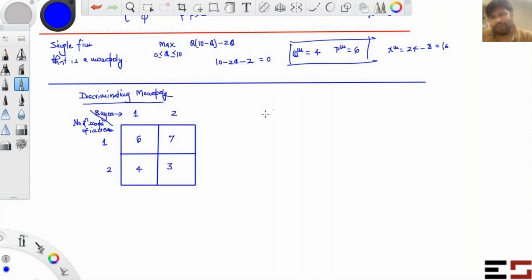Absolutely. At zero price, how many units will be sold? All 4 units. That's a competitive equilibrium. So basically, ice cream will be free, and both individuals will buy 2 units. Have you all understood this?